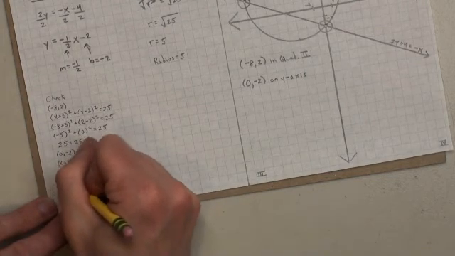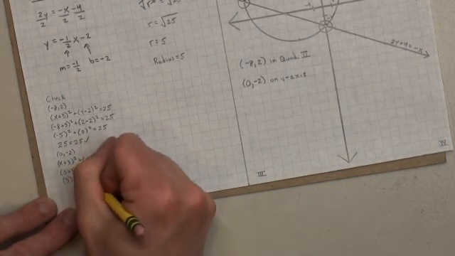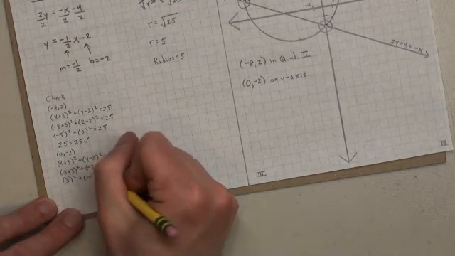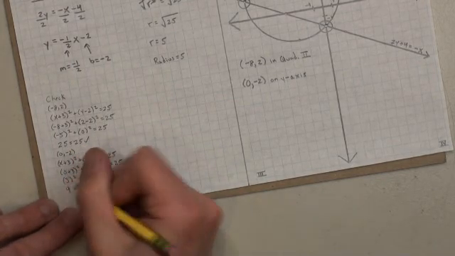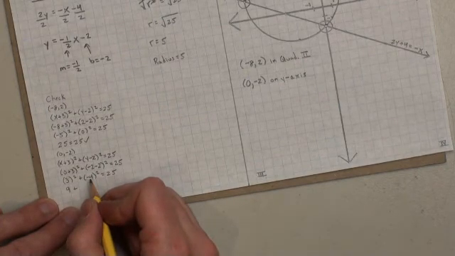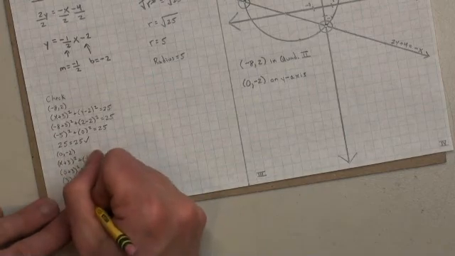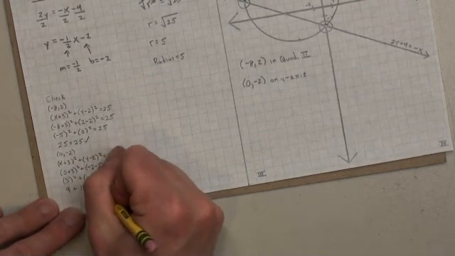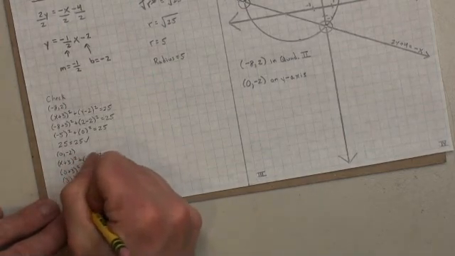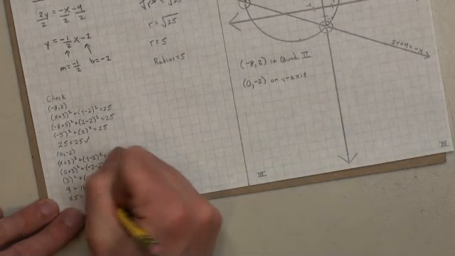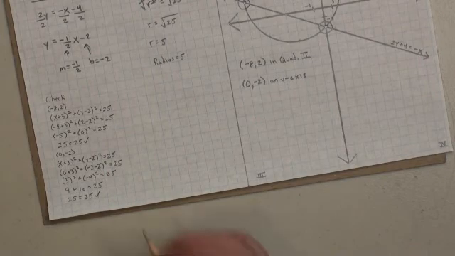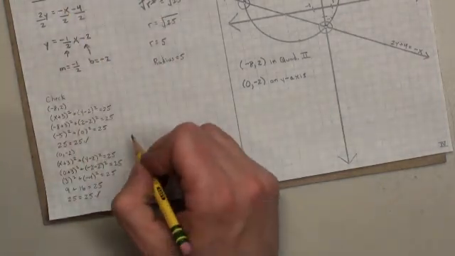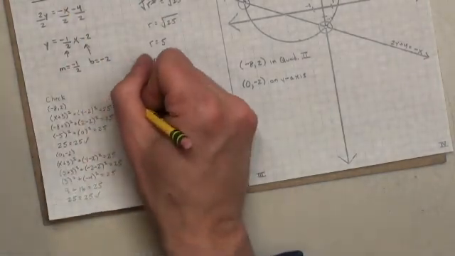So this is 3 squared plus negative 4 in parentheses squared equals 25. 3 squared is 9 plus, again, a negative 4 inside parentheses squared means negative 4 times negative 4. So that's a positive 16. And 9 plus 16 is 25. So 25 equals 25. So we know that point checks out so far. They both check out in the first equation, but we have to check the second equation as well.